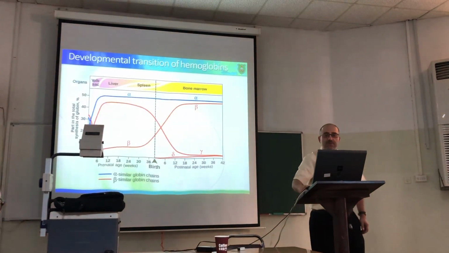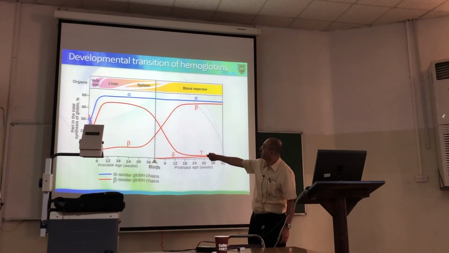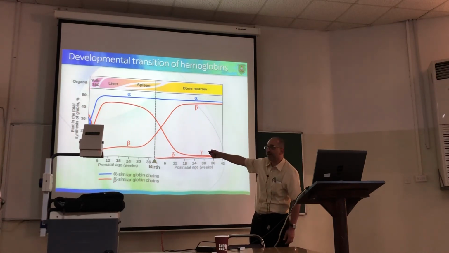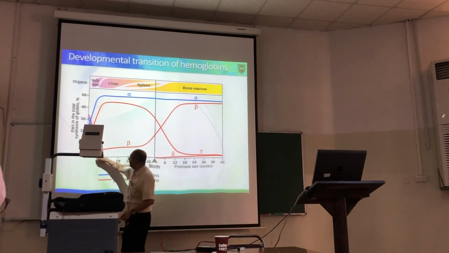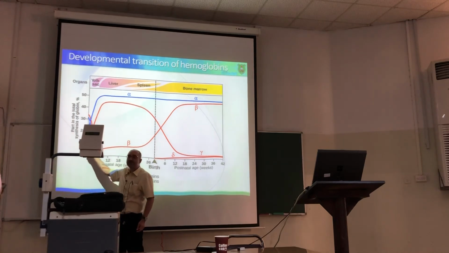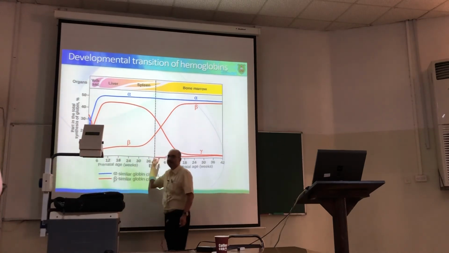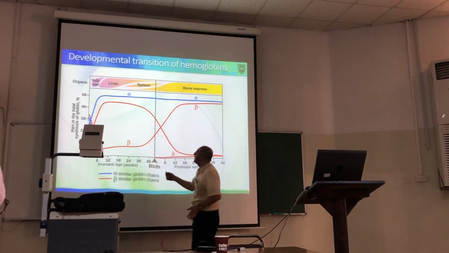Now remember, right here in the embryonic stage, production of zeta and epsilon is from the yolk sac. So right here at this stage, you have production of some beta, gamma, alpha, and so you have the expression of all of them except delta. And expression in the fetal stage is from the liver.